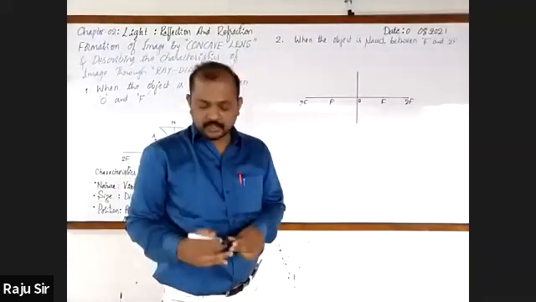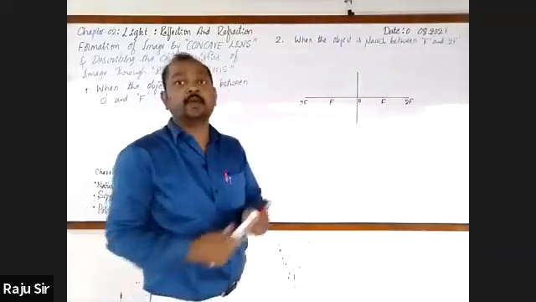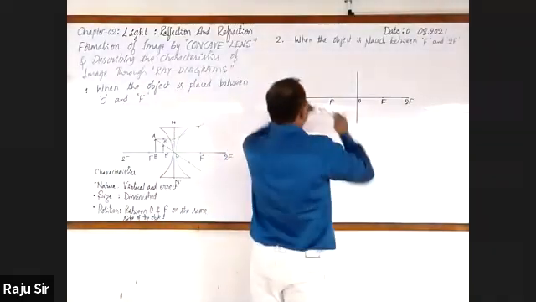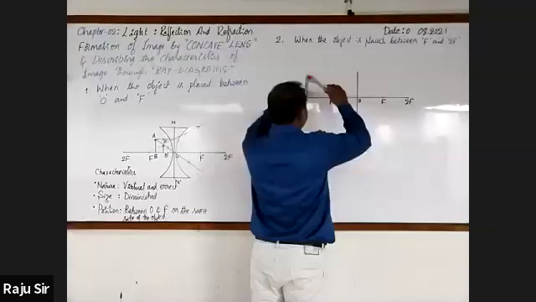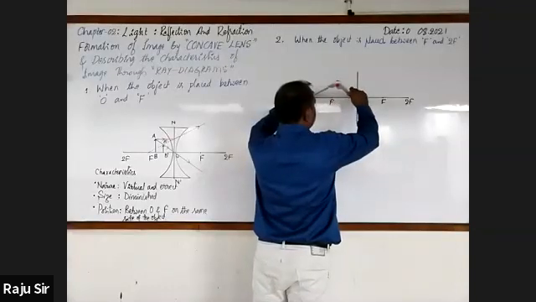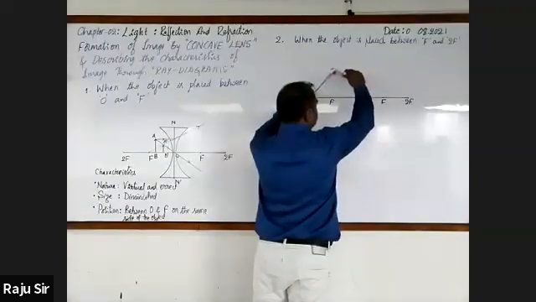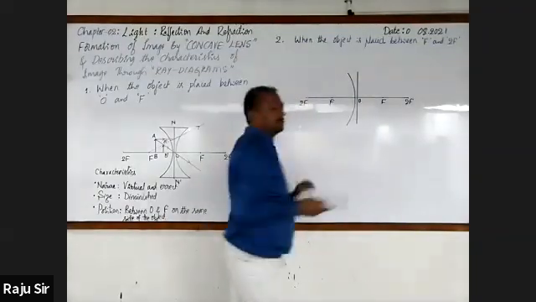You may use either protractor or compasses. If you are using the compasses, then with the 2F as center and close to optical center as radius, you may draw an arc.